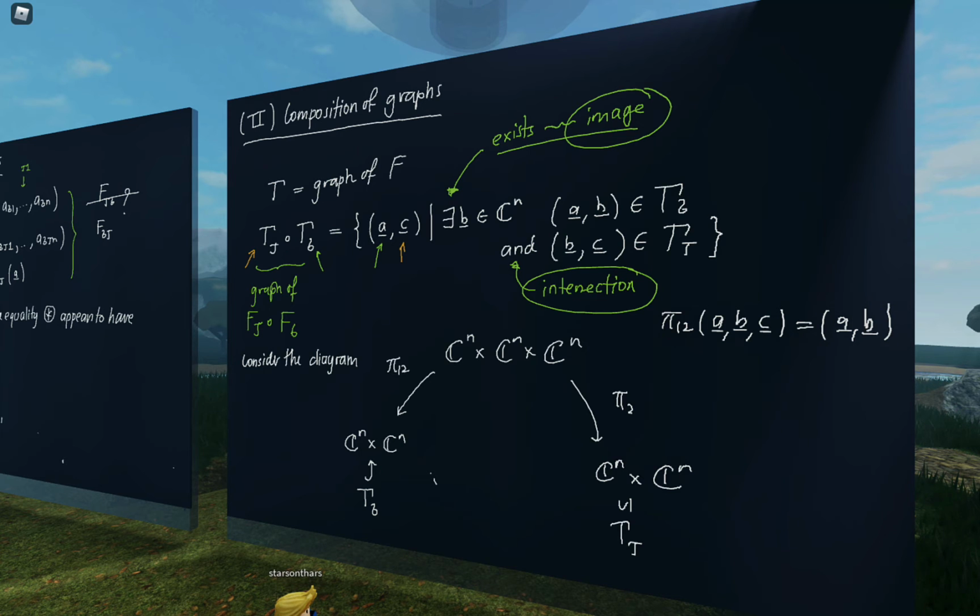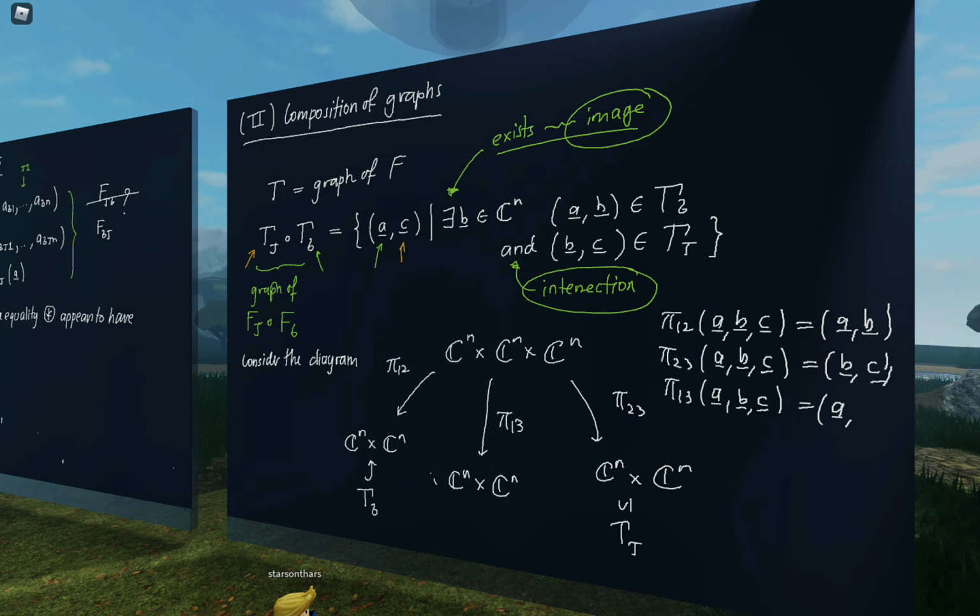And pi23 of ABC is BC. And then I've got a third projection, which is the outer 2. So pi13 of ABC is AC.